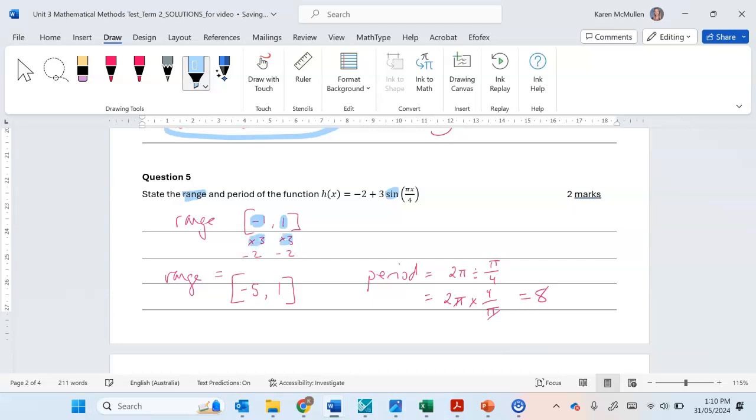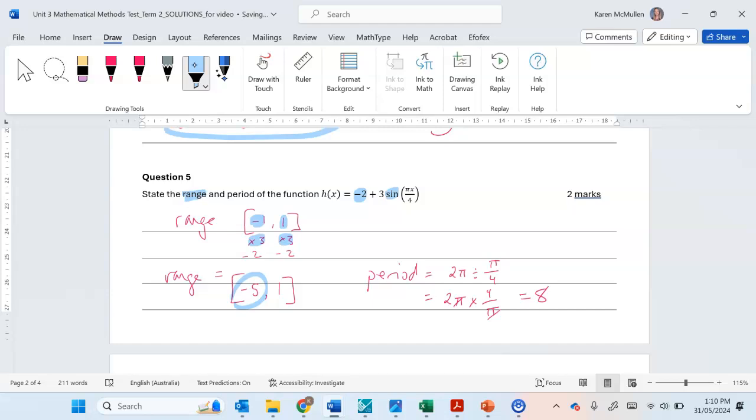So basically you're multiplying that by 3, and then it's been shifted down 2, so we're minus 2. Just following those transformations, negative 1 times 3 minus 2 gives you negative 5. 1 times 3 minus 2 gives you 1. And just make sure you have your smaller number first. It can't go second, it's got to go first.